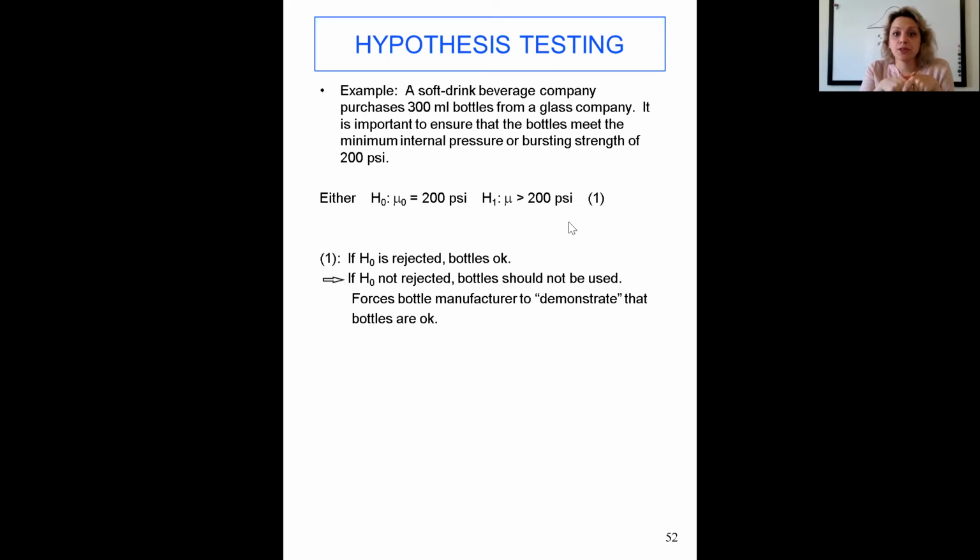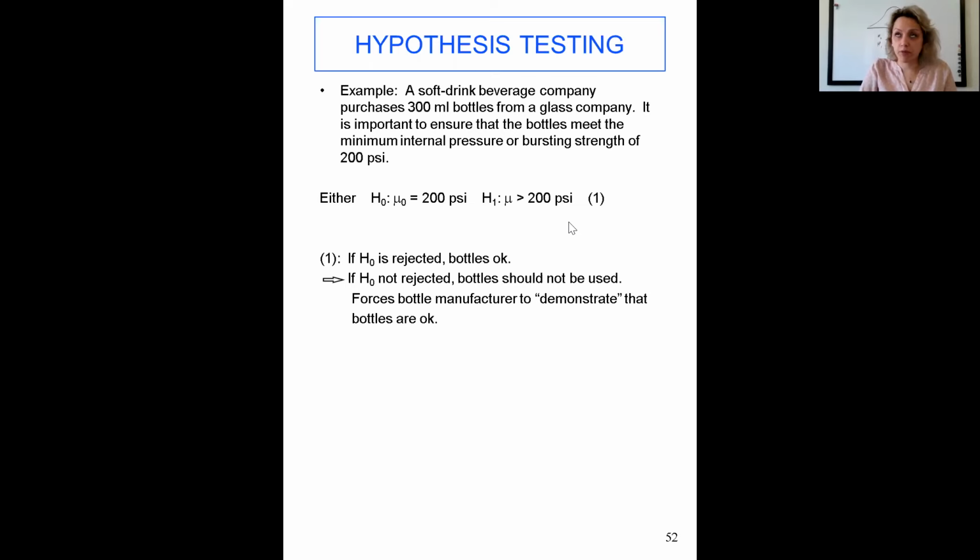It's important to ensure that the bottles meet the minimum internal pressure, or bursting strength, of 200 psi. So we want to make sure that we match this minimum internal pressure of 200 psi. Our null hypothesis means no effect.